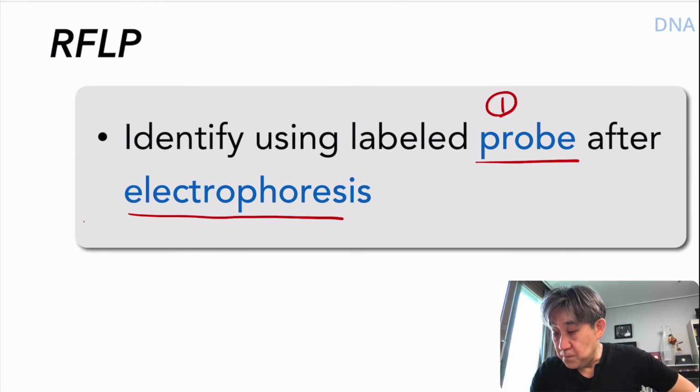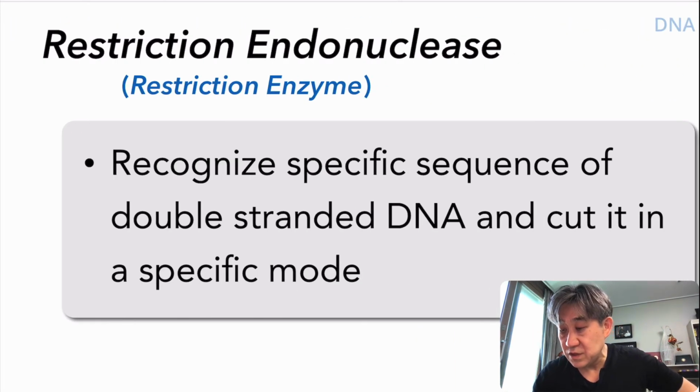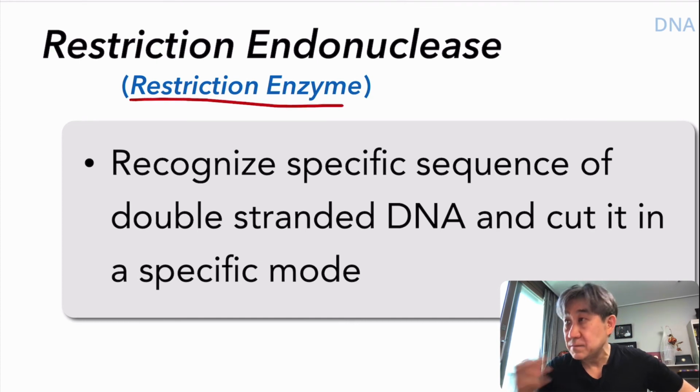But for this to generate different fragments due to differences in DNA sequence, as I mentioned, we have to use restriction endonuclease. Another name for restriction endonuclease is restriction enzyme. This is an enzyme.